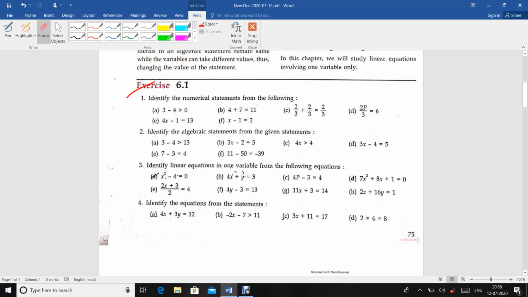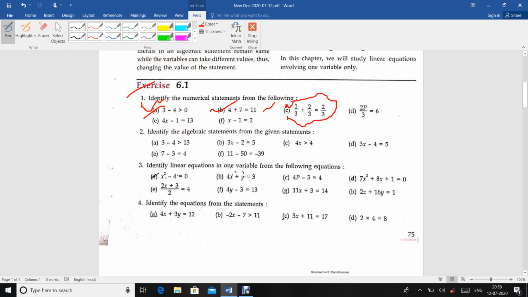See, this is the first part, and in the first part 3 minus 4 is greater than 0. Here no variable is present, so we can say that it is a numerical statement. The next is 4 plus 7 is equal to 11. Also in this statement numbers are present, without any variable. So this is also a numerical statement.